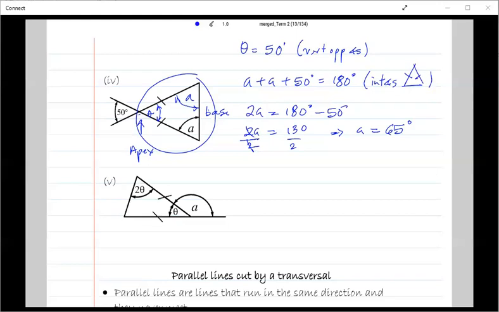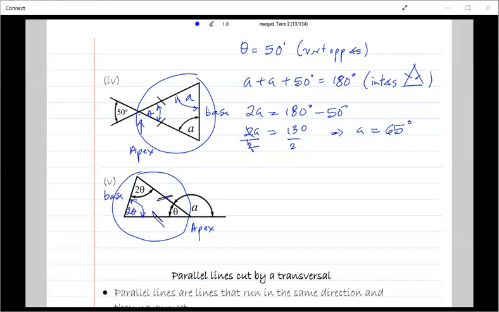Last question. Now we're asked to find A. Here's what we know. This triangle here is an isosceles triangle. How do we know? This side and this side are equal. So the two equal sides meet at the apex. Opposite from the apex is the base. The two base angles of an isosceles triangle are equal. So if this one is 2 theta, this one is also 2 theta.